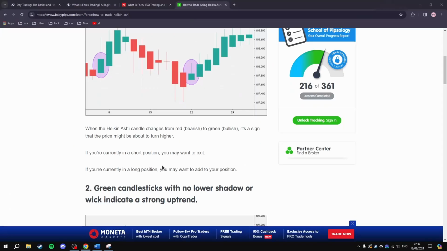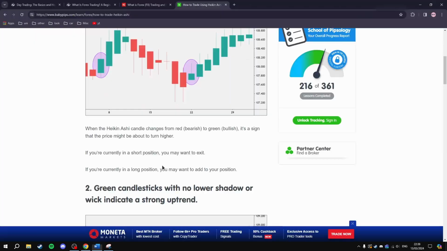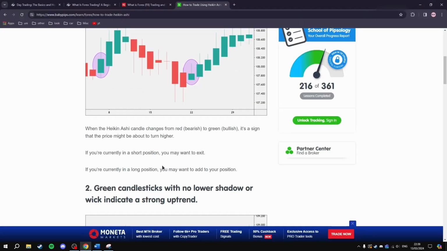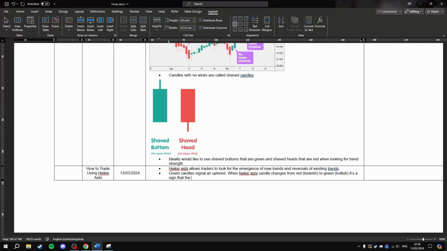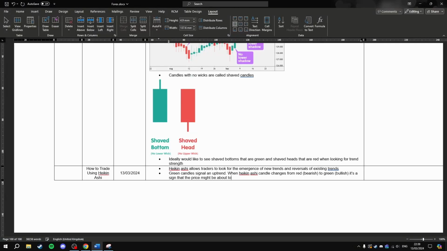When the heikin ashi candle changes from red, which is bearish, to green, which is bullish, it's a sign that the price might be about to turn higher.